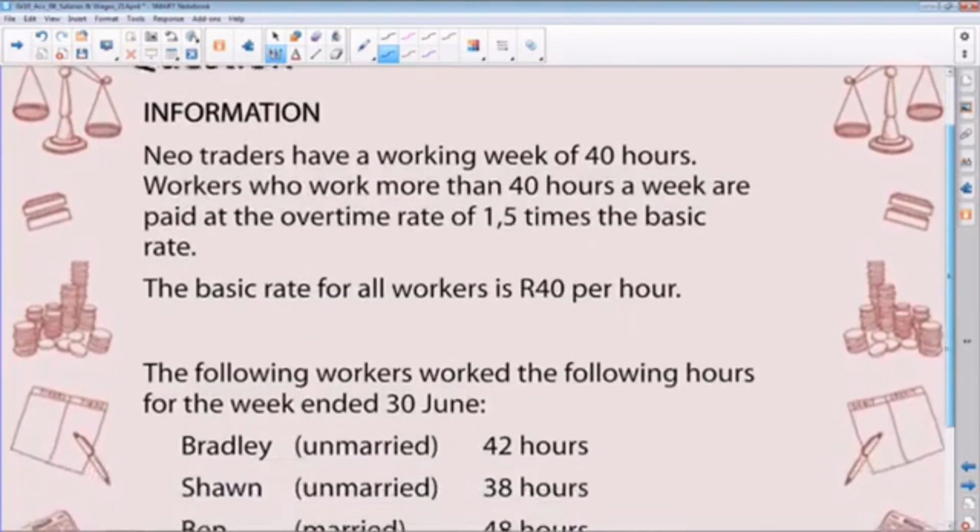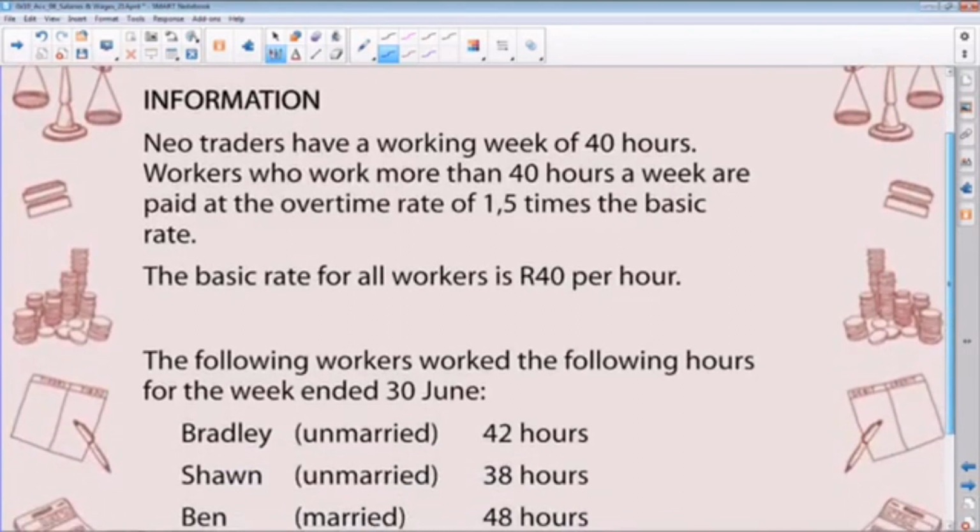The information states, Neo Traders have a working week of 40 hours. So they expect of all their wage workers to work 40 hours. Now, workers who work more than 40 hours a week will be paid at the overtime rate of 1.5 times.